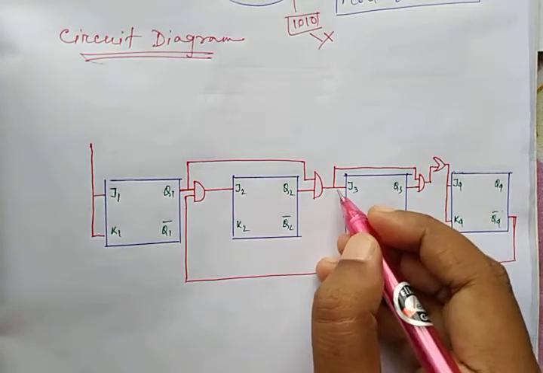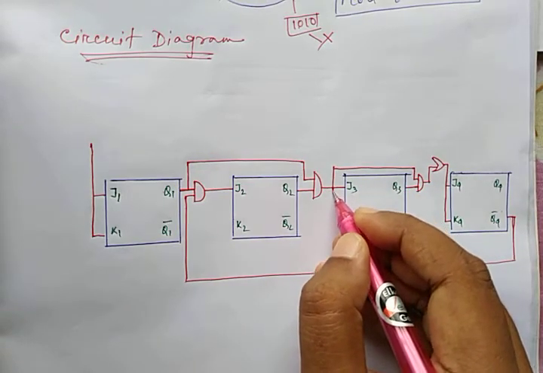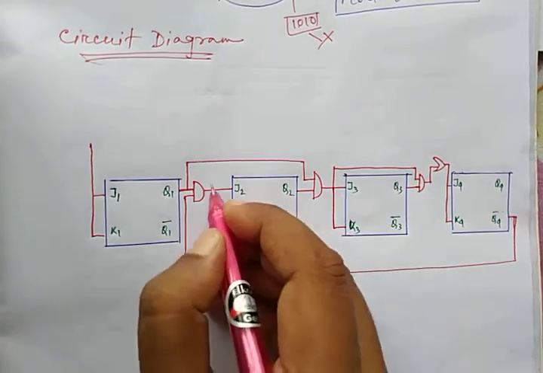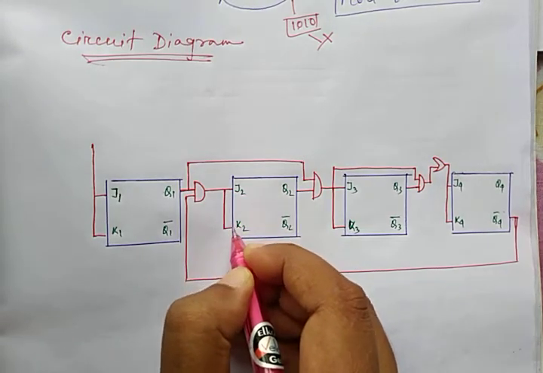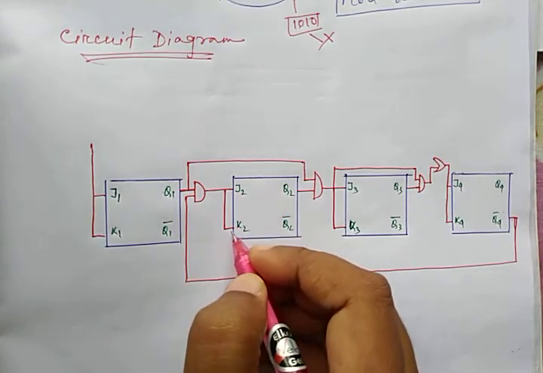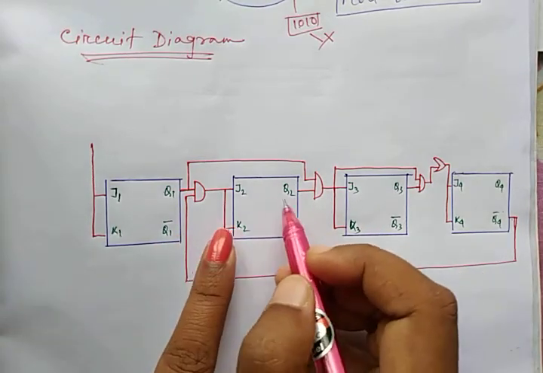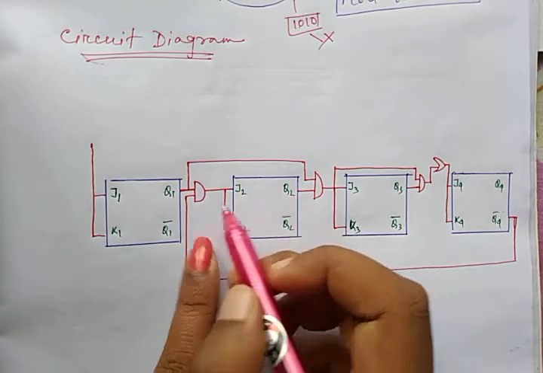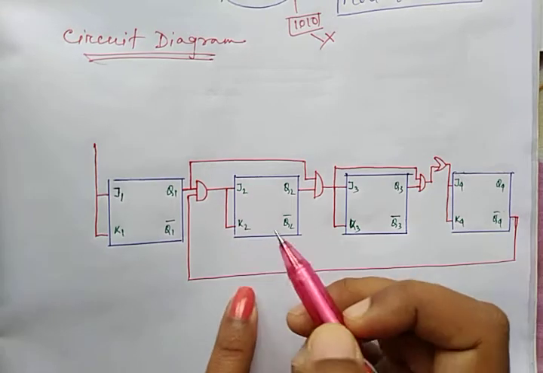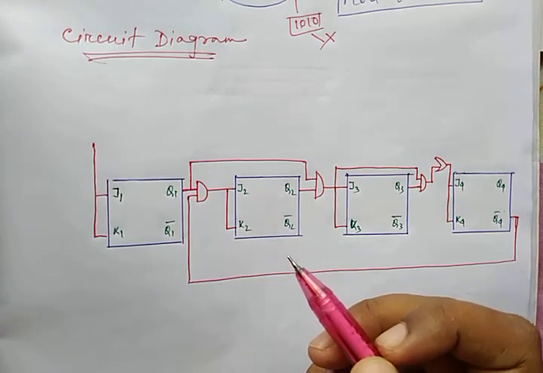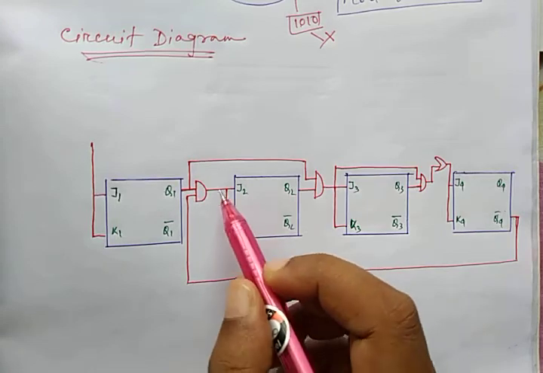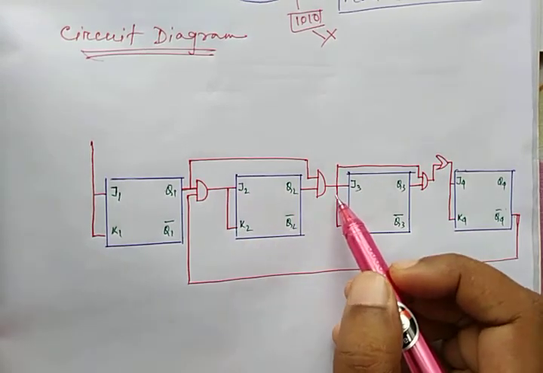This is the same as our synchronous up counter. This AND operation of Q1 and Q2 is fed as an input in J3 and K3. Both inputs must have the same value in order to toggle, as this is a counter, so every flip-flop output must toggle. So J1 and K1 must be in high state, and both inputs of each flip-flop must be fed with the same input value.